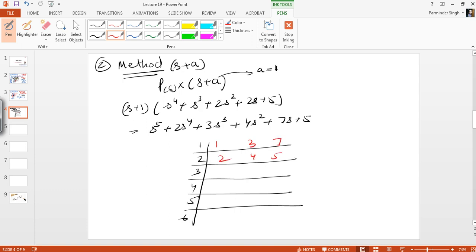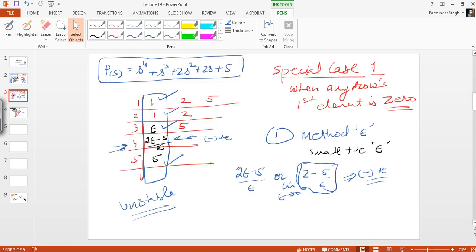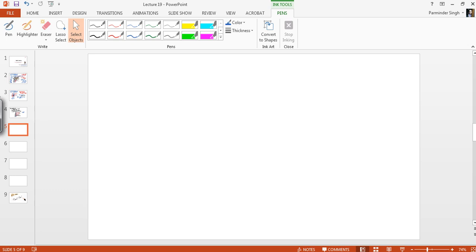Preparing the array, it comes out to be 1, 4.5, minus 5, 5, 5.5, 0 and 5. Now look at the entries in the first column. There is one negative sign. The system is again unstable. So whether you go by the second method or the first method, the results remain the same. It remains unstable.